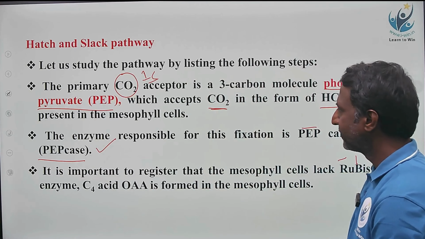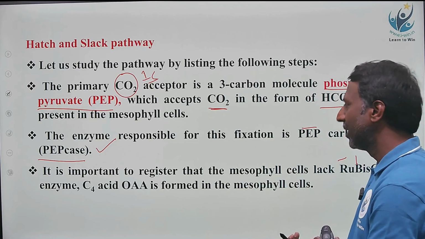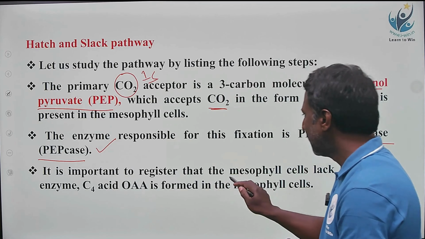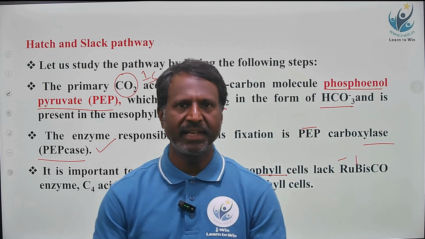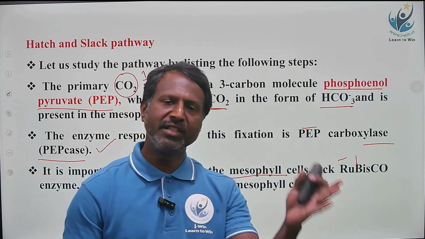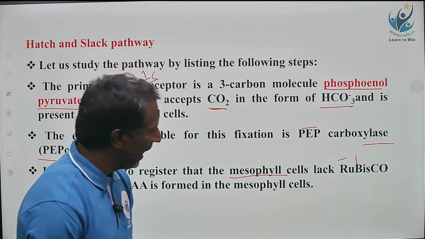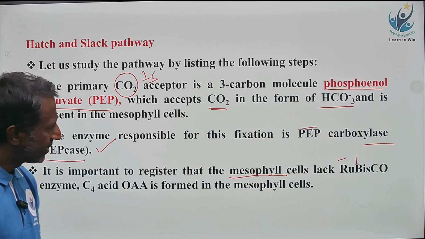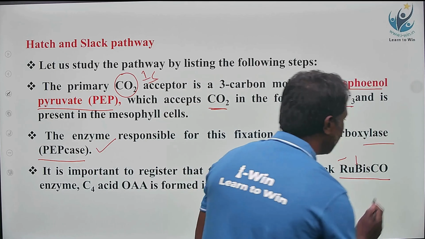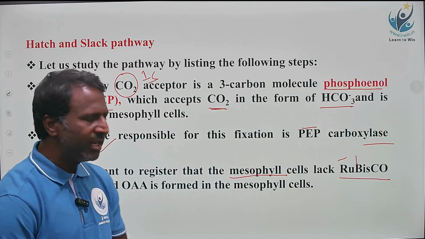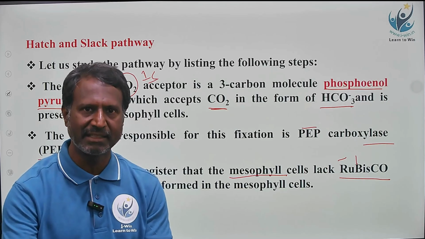Another important thing you need to note down: the mesophyll cells. We all know very well that the mesophyll cells have the Rubisco enzyme in the majority of plants. But there are some plants in which the mesophyll cells do not have the Rubisco enzyme. Rubisco means nothing but ribulose bisphosphate carboxylase oxygenase.